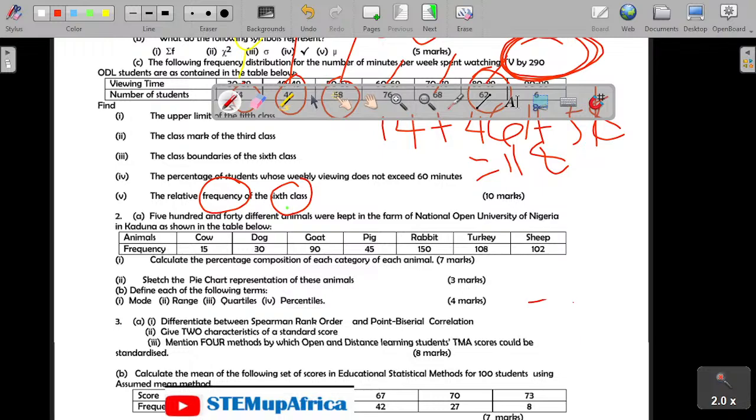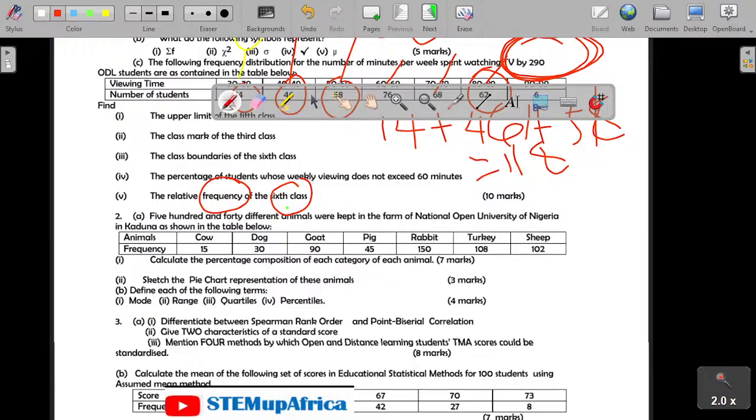And the total is 540 as we just saw. So the percentage of cow will be number of cow over the total times 100 over 1. So that's how you get your percentage. Okay, so let's try it out.